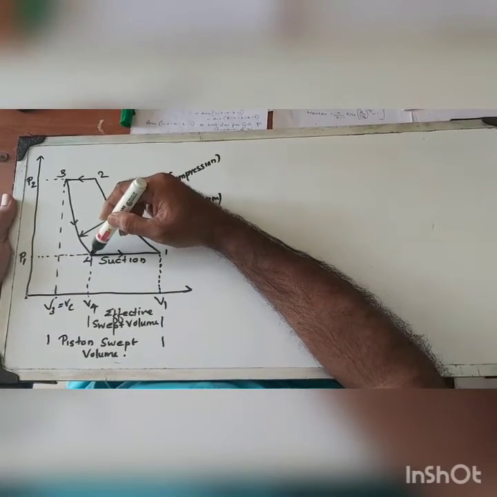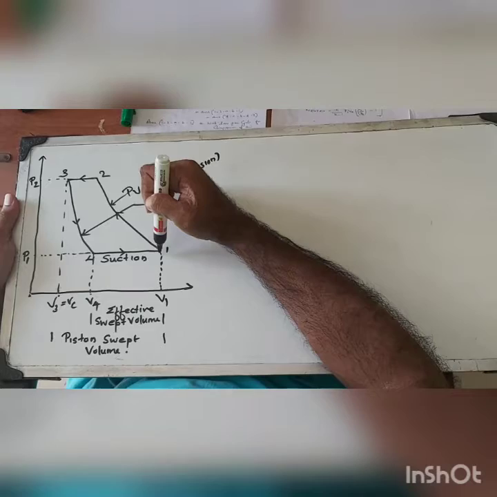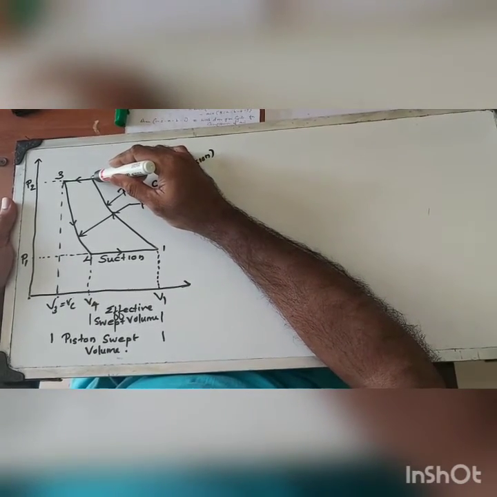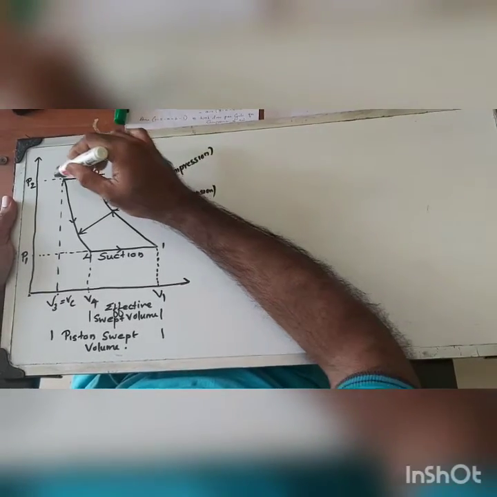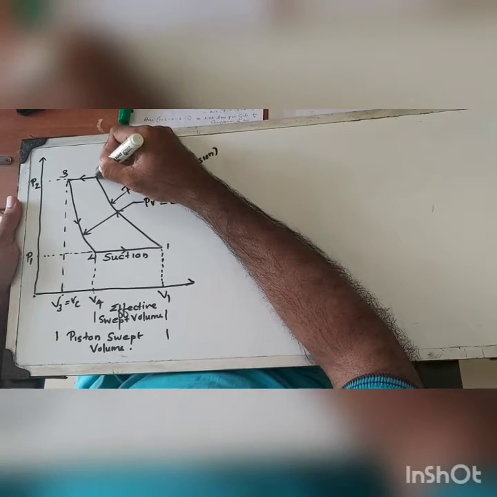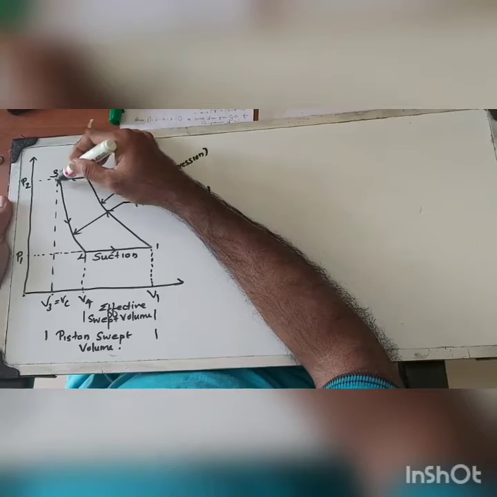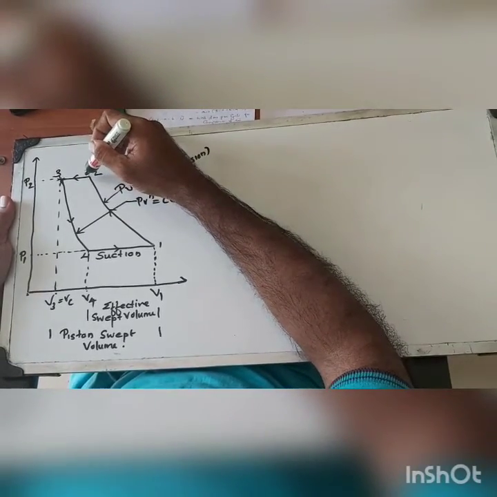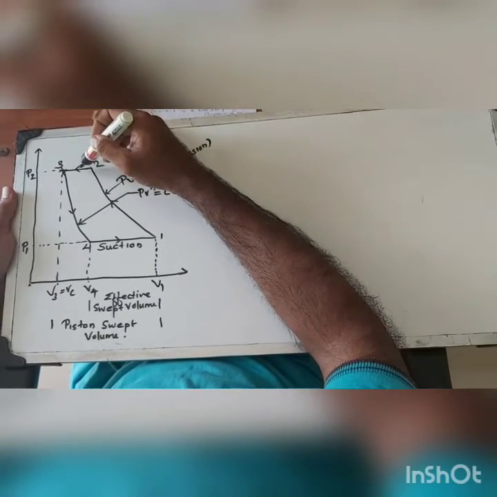So let us look into the diagram. 4 to 1 represents the suction stroke, 1 to 2 represents the compression of air, and at point 2 the delivery valve opens, and from 2 to 3 the delivery operation occurs. That means air flows from the cylinder to the compressor tank.